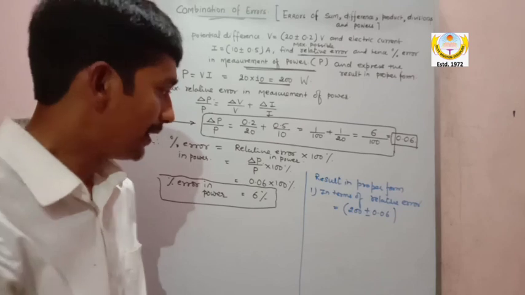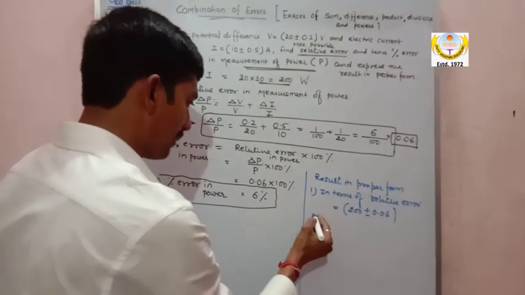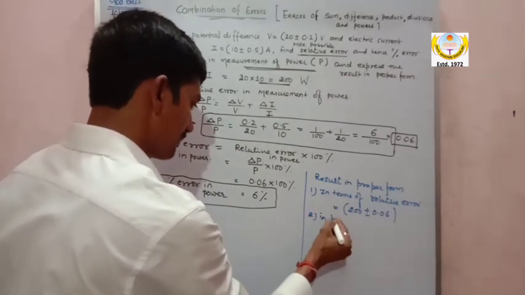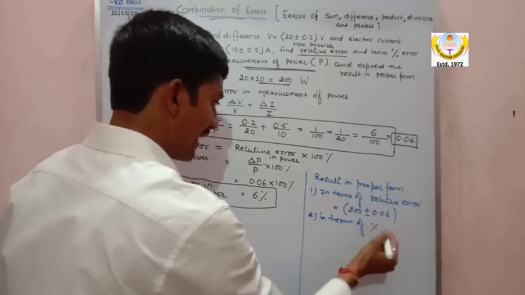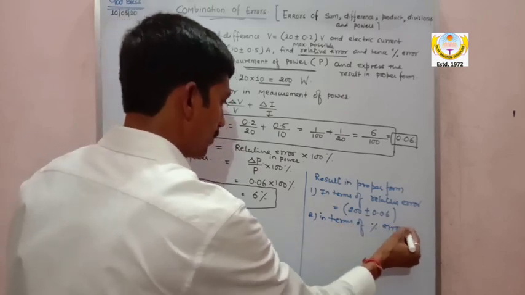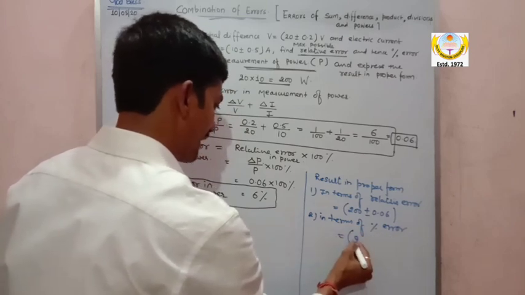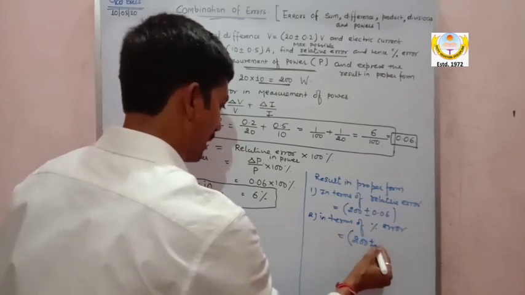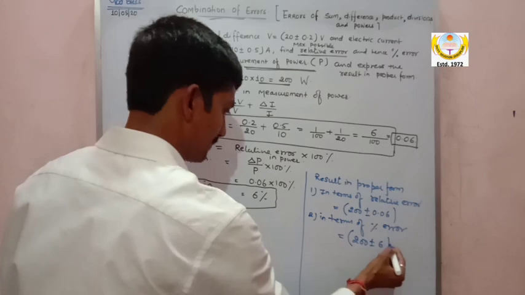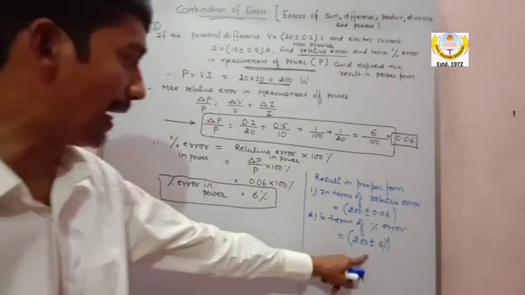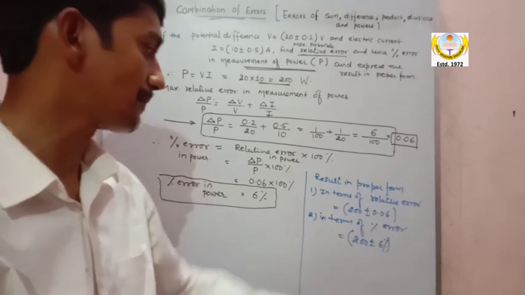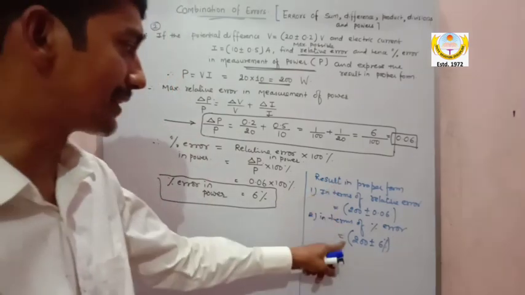Am I clear? Similarly, my dear, in terms of percentage error, what is the answer? In terms of percentage error, the answer is 200 plus minus 6%. So this is the answer in proper form.